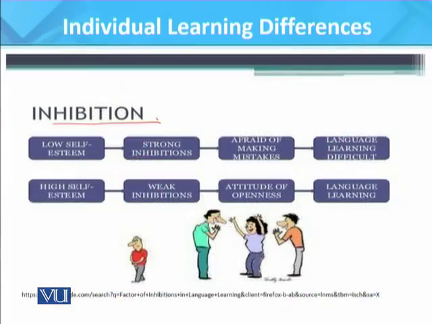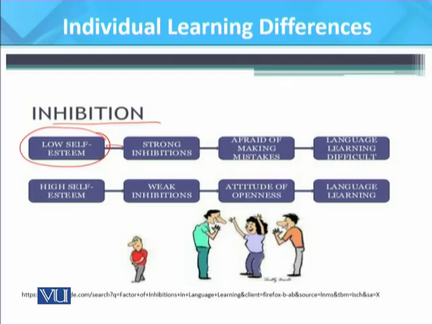Inhibition basically comes from low self-esteem. Low self-esteem is reflected in one's uncertainty, disbelief, and lack of confidence in oneself, and that can lead to strong inhibition.